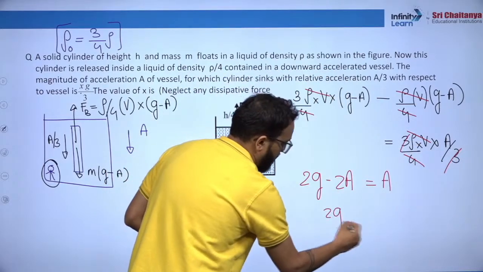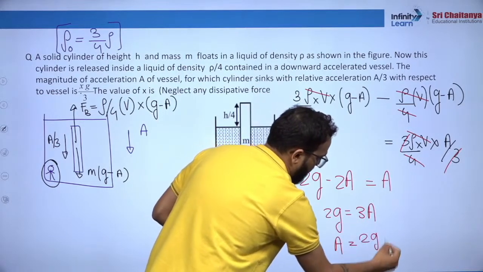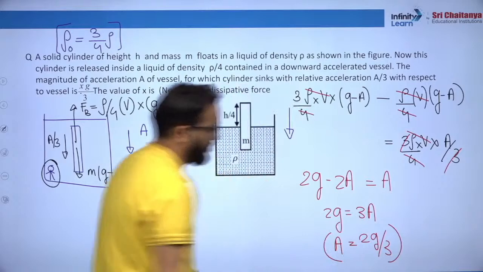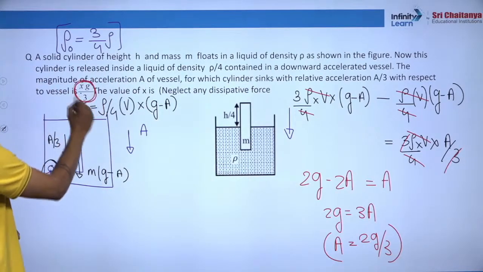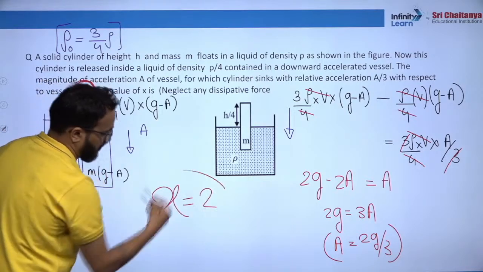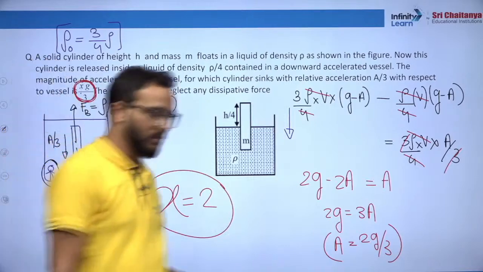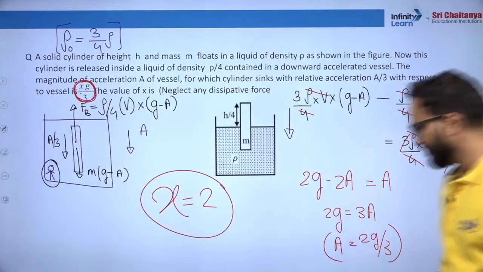So 2g is equal to 3a, so a will be 2g by 3. If you match here 2g by 3, so x will be 2. Isn't it wonderful? A good question, easy to solve, right? Done.